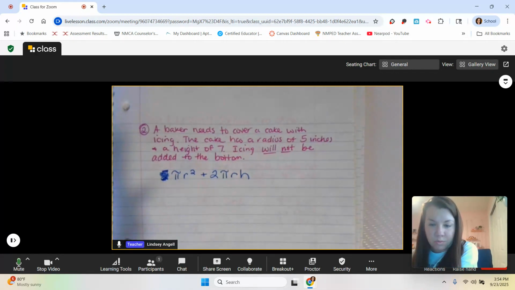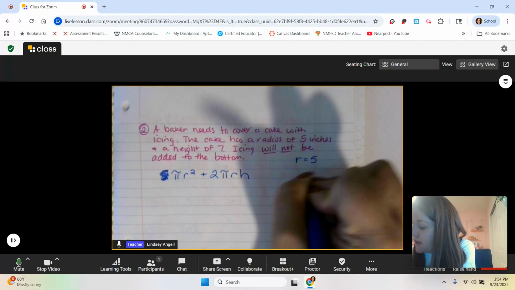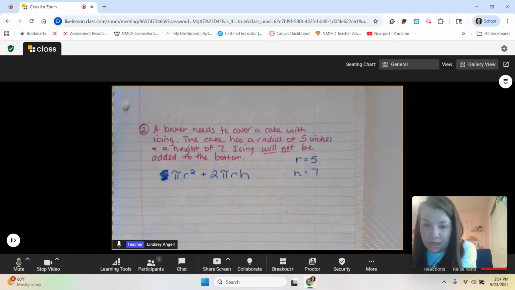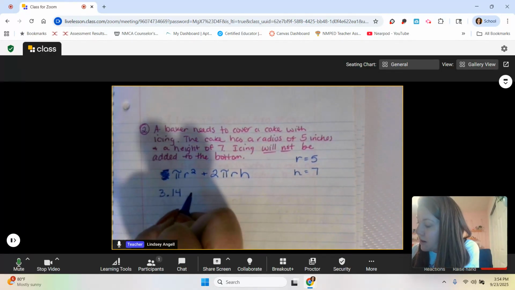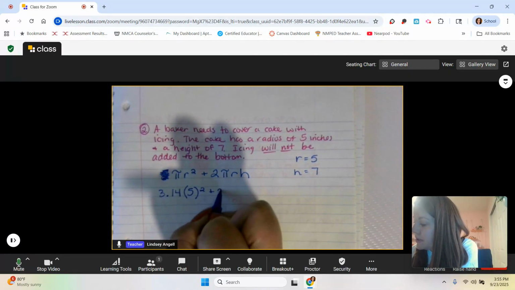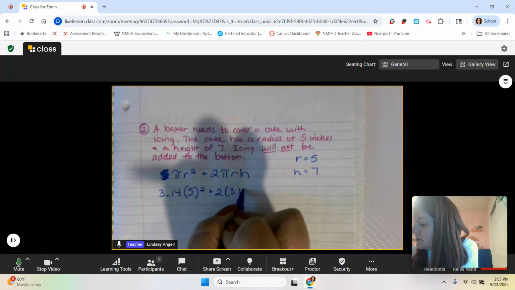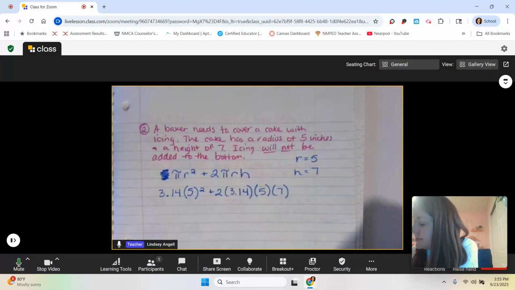And then we'll still use 3.14 for pi, okay? So let's see, the radius is 5, the height is 7. So let's fill all of this in. We've got 3.14 times 5 squared plus 2 times 3.14 times 5 times 7.